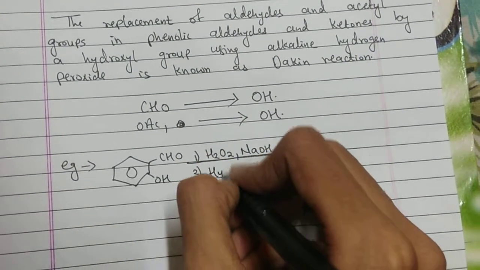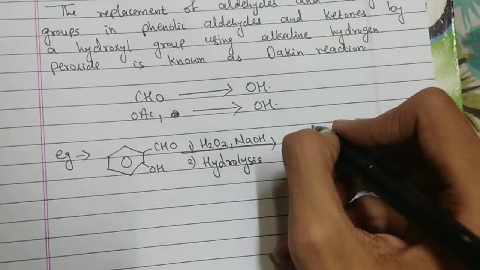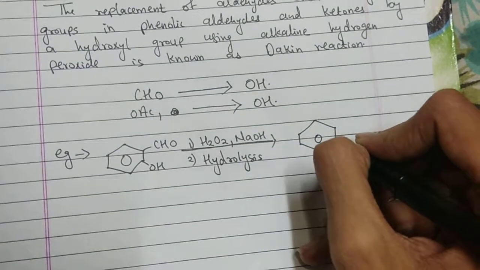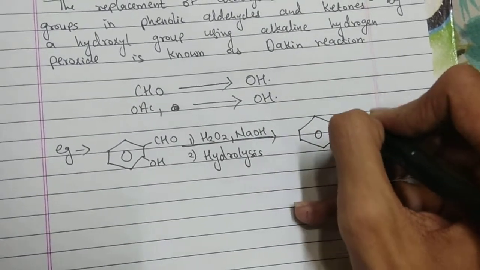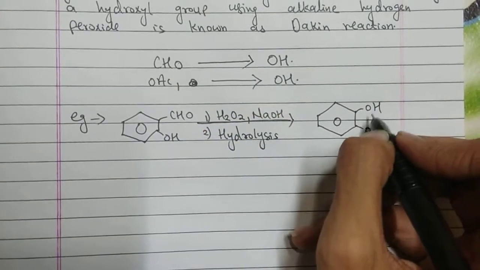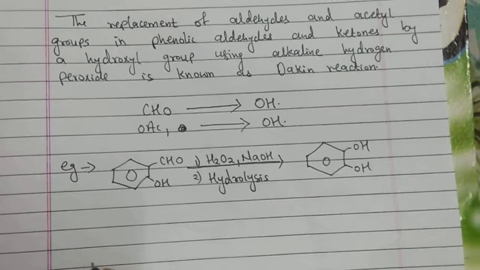And in the later half we do hydrolysis. So what we get as the product will be catechol. So in place of CHO, I get an OH group attached. Okay. Now let us come to see the mechanism of this reaction.